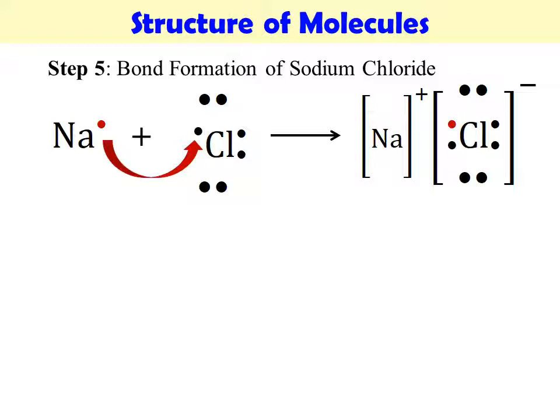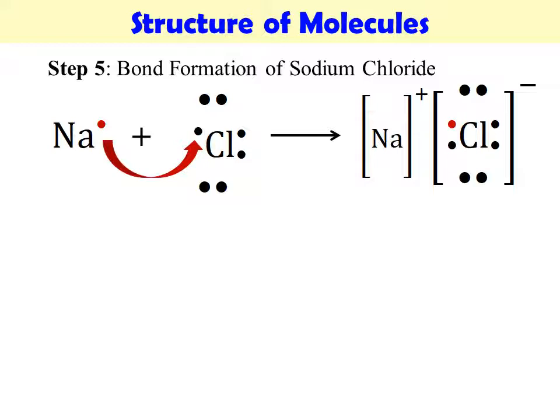And Cl minus, as you can see, because chlorine has accepted one electron, and hence Cl minus. As you can see, the red dot and the black dot. The red dot is basically from the sodium atom, and the chlorine has the rest. So the bond formation between sodium and chlorine has occurred by the transfer of electrons.